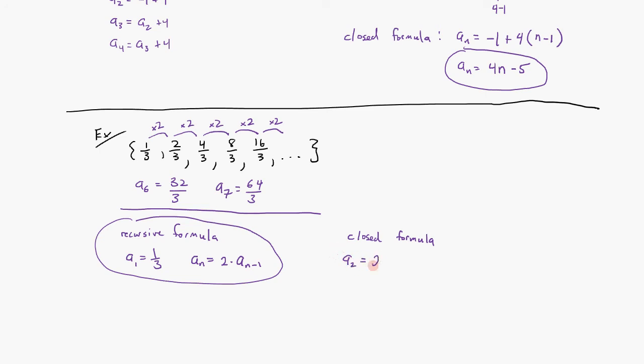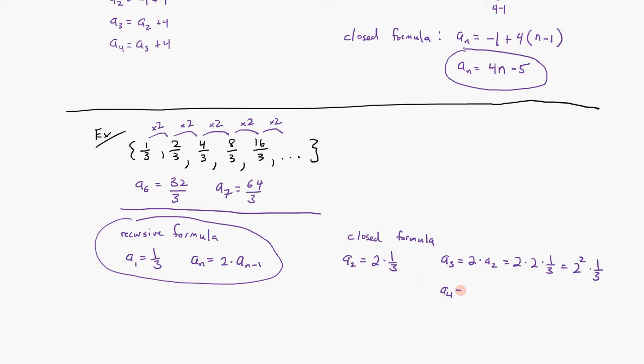So a sub 2 is 2 times 1/3. A sub 3 is 2 times a sub 2. But a sub 2 is 2 times 1/3, so this is 2 times 2 times 1/3. So this is equal to 2 squared times 1/3.